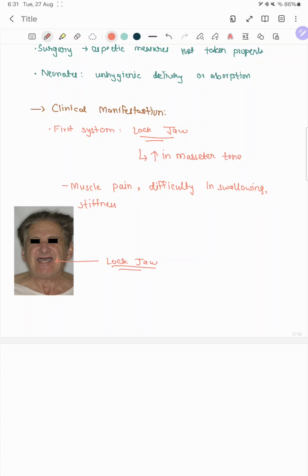Now as the disease progresses, there will be painful spasms. Okay, painful spasms. Then there will be an impairment of hands and feet.